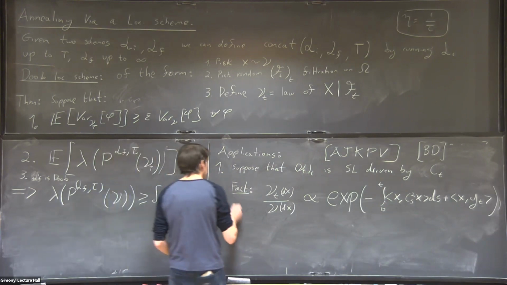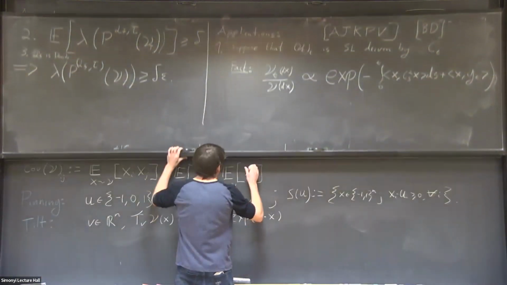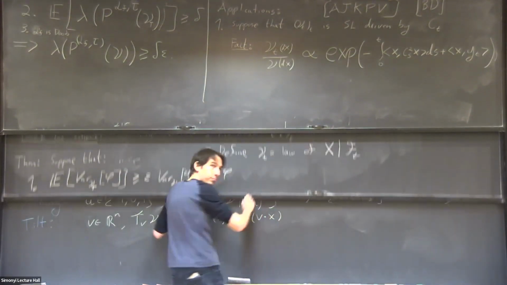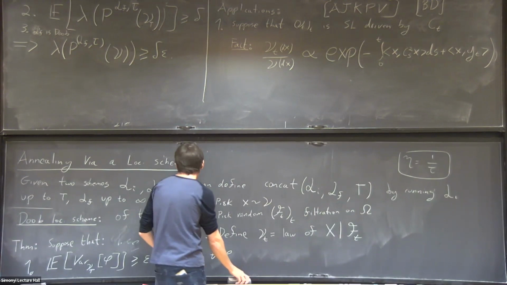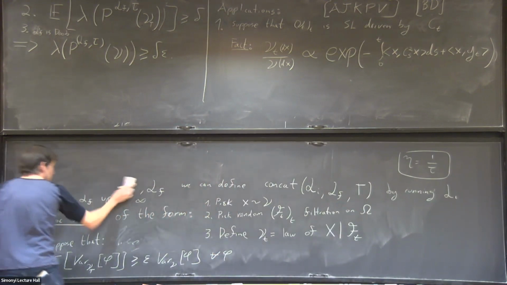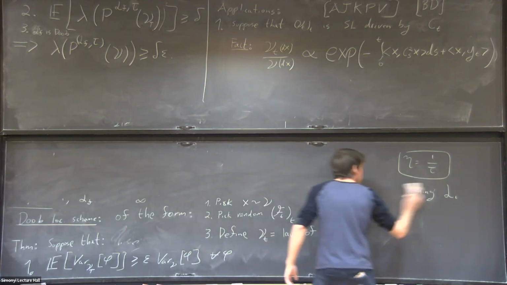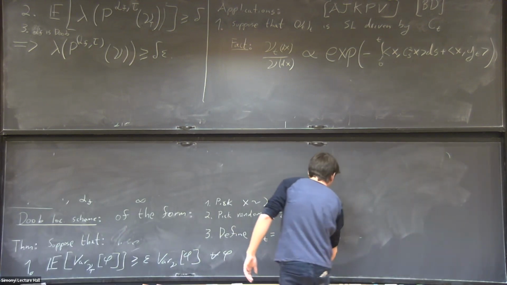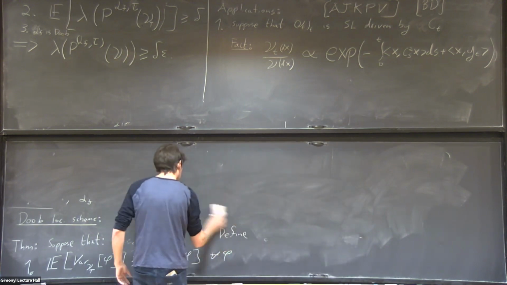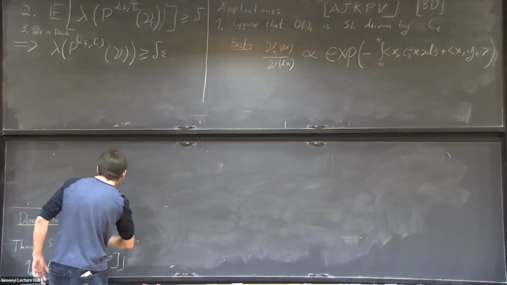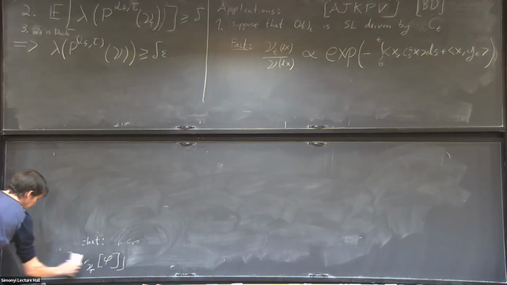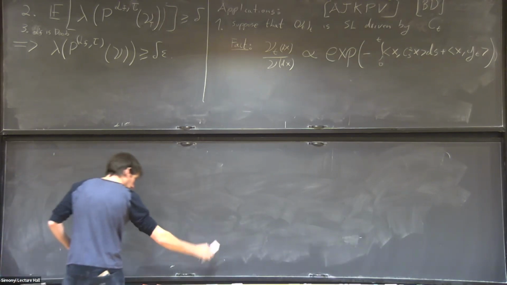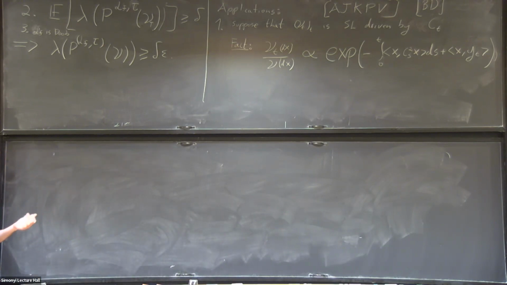Okay, so this is the first application, and the second application, I know I have less than 10 minutes, is for the hardcore model. So if you want to sample independent sets, it gives the first optimal bound for sampling with Glauber dynamics all the way up to critical temperatures in all degrees.